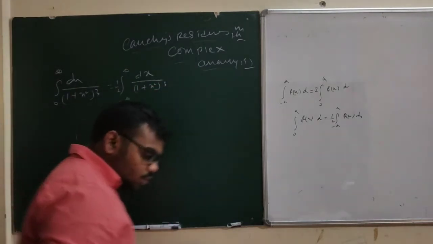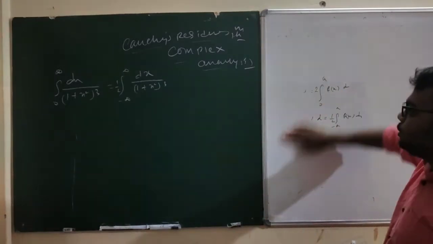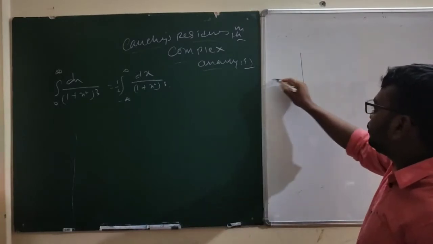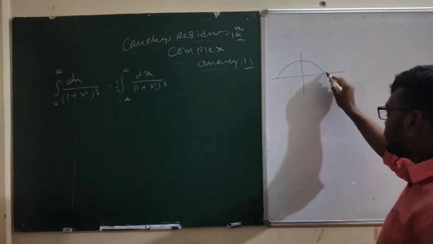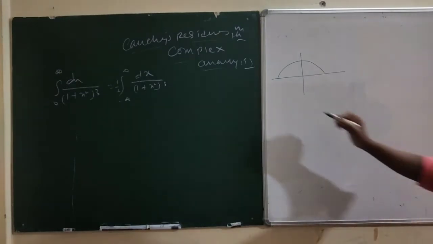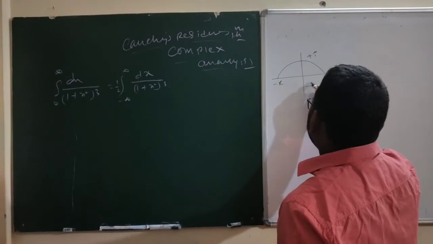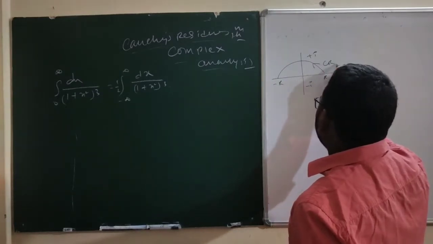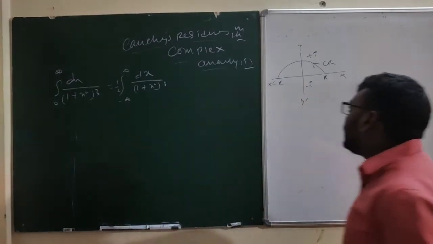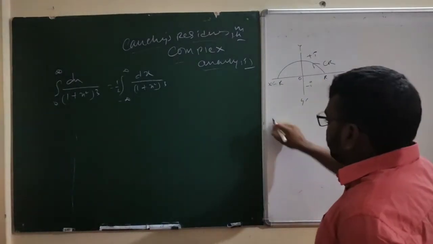And you already know by the contour method that it is a half contour, with the real line from minus R to R and the semicircle C_R in the upper half plane.